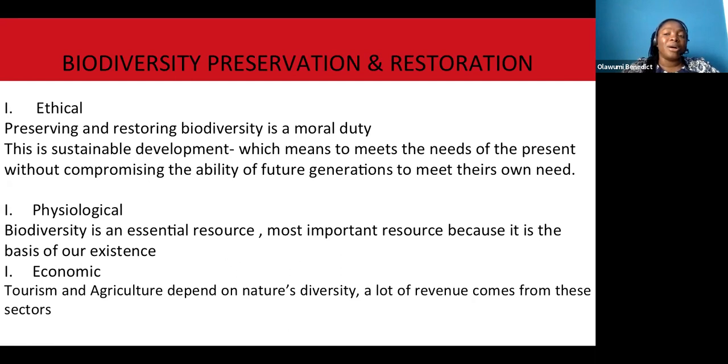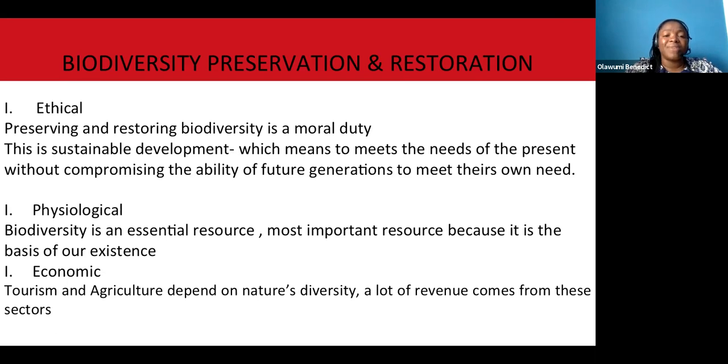From all arguments that have been in place, we know that there are 3 points of view now: that biodiversity is ethically, physiologically, and economically viable. This standpoint is very important in the sense that, ethically, why is biodiversity important?